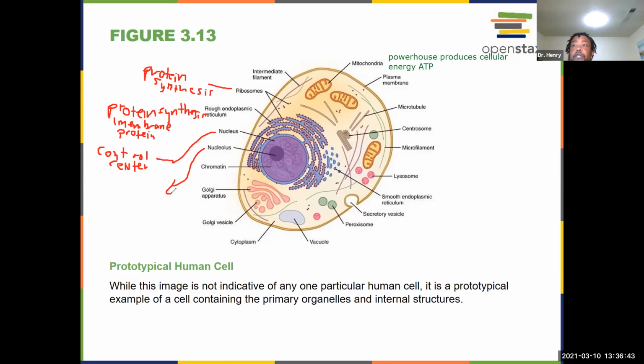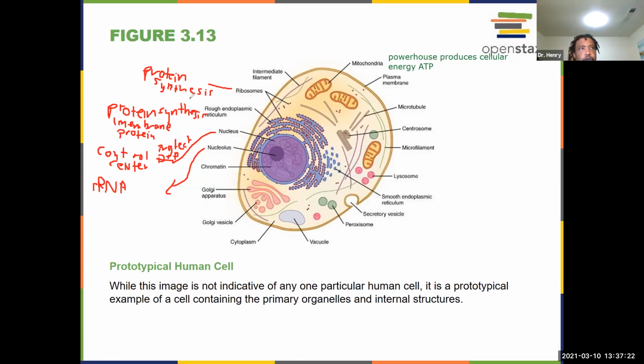So the nucleolus is responsible for ribosomal RNA production. It's where your rRNA is produced. The ribosome is not made up of proteins, it's actually made up of RNA.